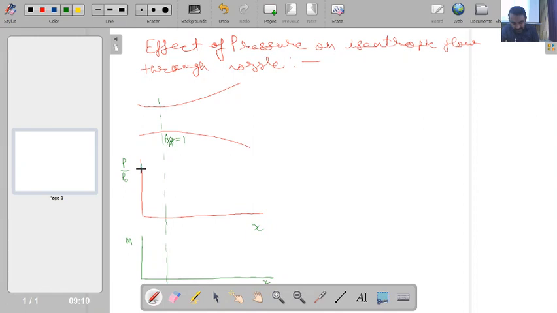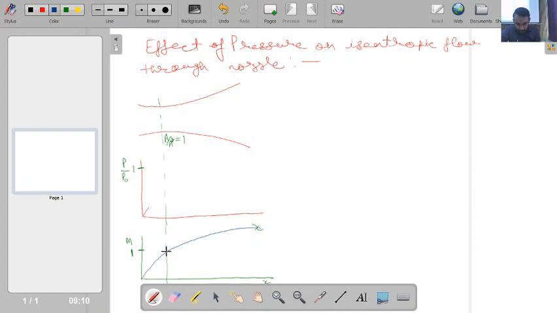Okay, so here say this value is 1, and here say this is my Mach number equal to 1. Okay, so we had seen that for an isentropic flow through a nozzle, if at the throat I am able to achieve a Mach number of 1, corresponding to that my profile for Mach number will be something like this. So this is how my Mach number will look.